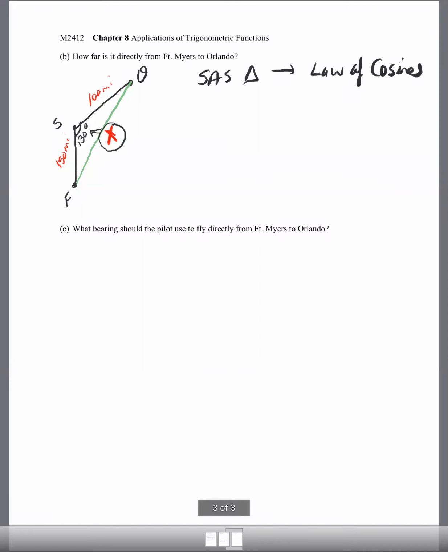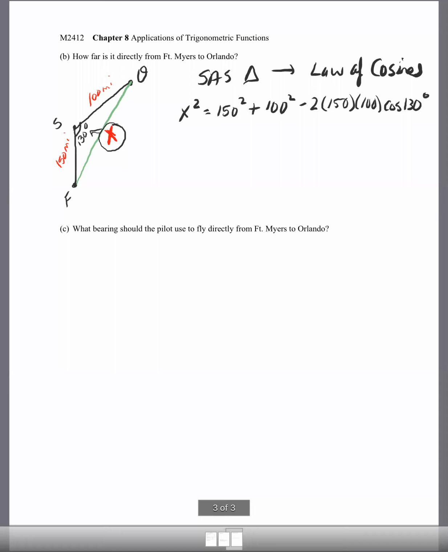So in order for me to find X, I can say X squared. I can use the two sides that are on either side of my angle. I can subtract then 2 times each one of those sides, and then times the cosine of 130 degrees.